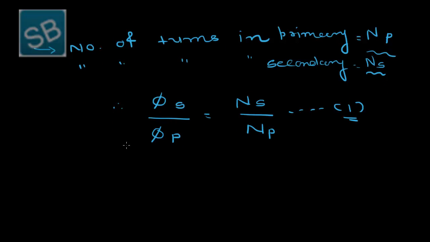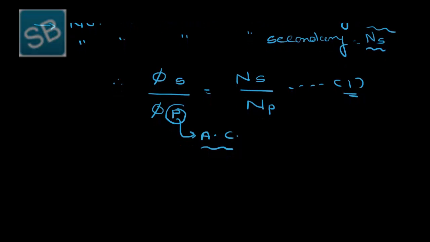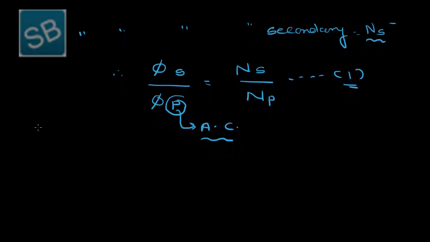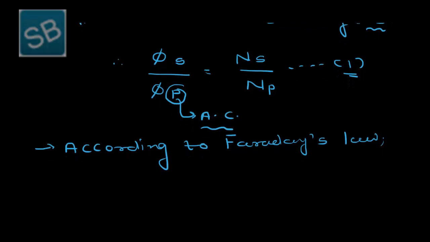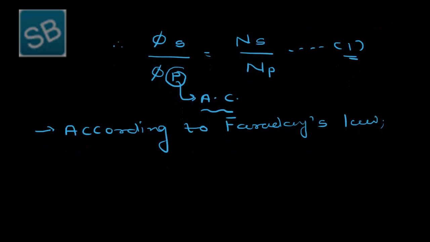Now as the primary coil is connected with the AC source, some current is flowing through the coil of the transformer. Then according to Faraday's law, as we know from the animation, the induced EMF is generated in the coil.